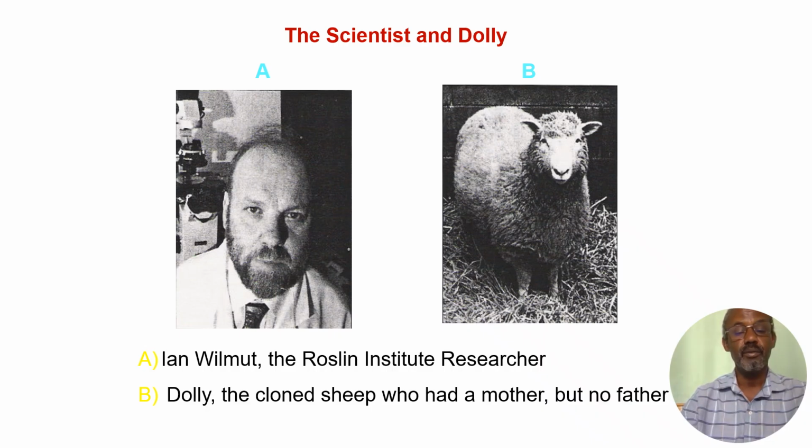Dolly is a cloned sheep who had a mother but no father. She is a 100% exact copy of her mother because every chromosome has been given from her mother's other cell. You see, the scientist known as Ian Wilmut did this in 1997, Gregorian calendar, of course.